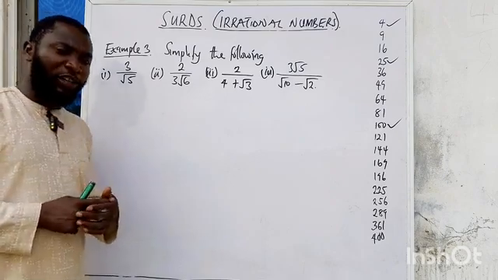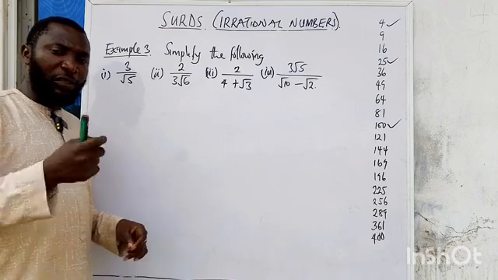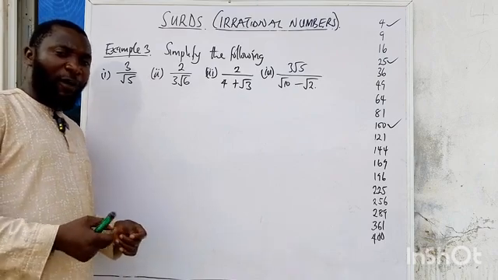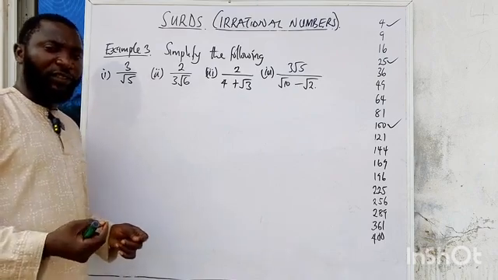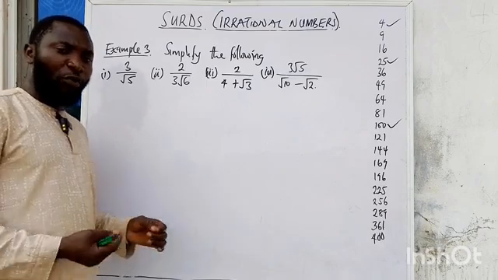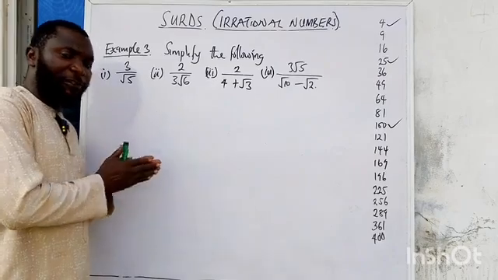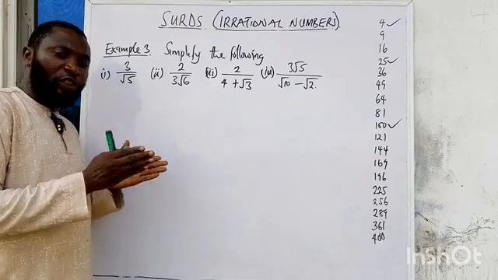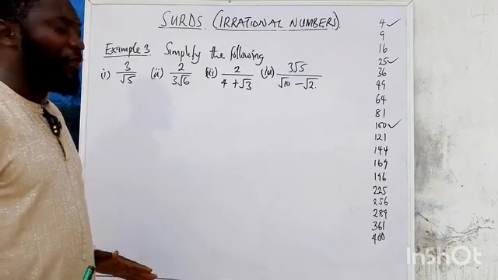So that's what we mean by conjugate. Conjugates are also surds. When you multiply one by another irrational number, the result will be a rational number.